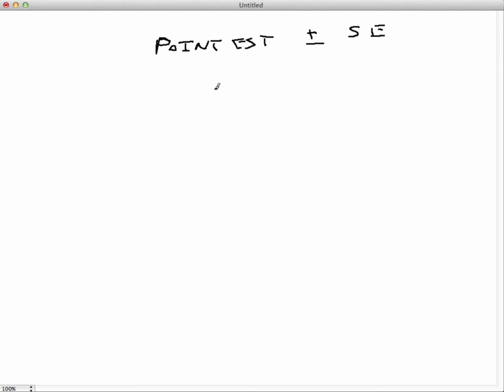In the case of working with means, the point estimate is x bar, plus or minus our standard error, which is z star times s divided by the square root of n. They want a 90% confidence interval, so hopefully you remember that we use 1.64 for our z star.